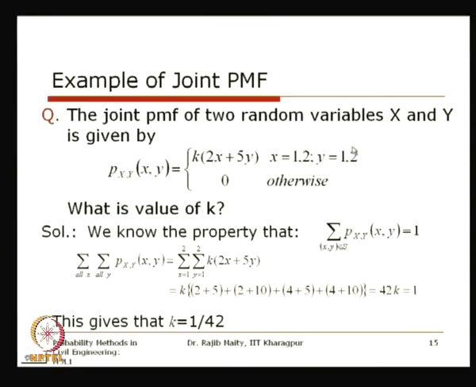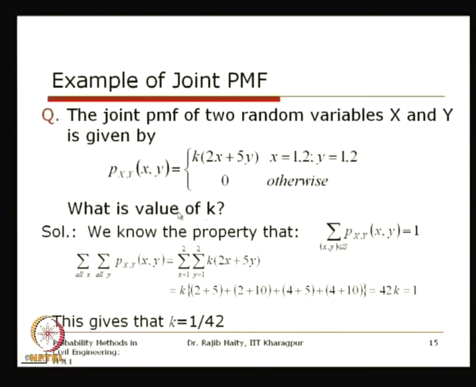So the joint random variable, the bivariate random variable XY, can have 4 possible outcomes: (1,1), (1,2), (2,1) and (2,2). These 4 cases it can take, and otherwise the value of this probability mass function is 0 for all other cases.